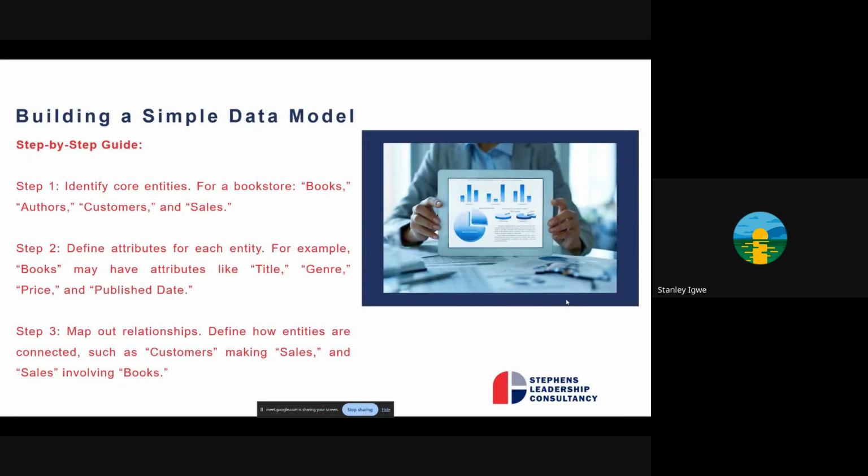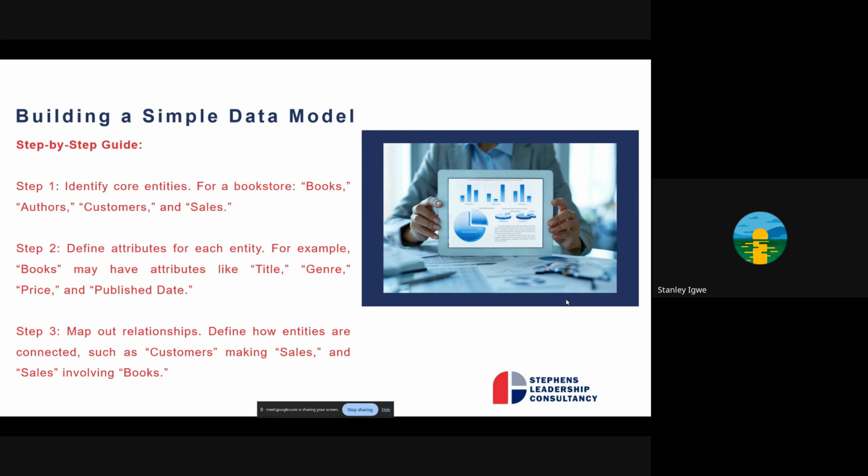Okay, so this is building a simple data model. This is just giving you a step-by-step. If you want to build a very simple data model, you identify the core entities, for instance, books, author, customer, sales. Then you define the attributes of those entities. So for the books, what is the title, what genre, what's the price of the book, what's the published date.